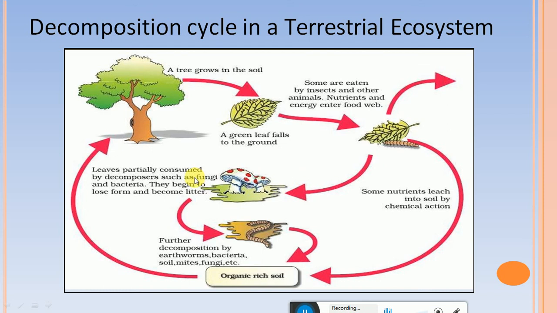The partially consumed leaves begin to lose form and become litter. Further decomposition takes place by earthworms, bacteria, mites and fungi, and it is again broken down into simpler end products.